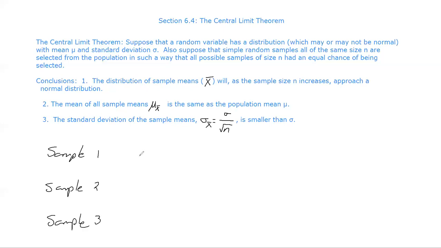Now, to make calculation easy, let's assume that the sample size is 3 in these cases. So this sample is going to have x sub 1, x sub 2, and x sub 3. This sample is going to have x sub 4, x sub 5, and x sub 6. And this sample is going to have x sub 7, x sub 8, and x sub 9.